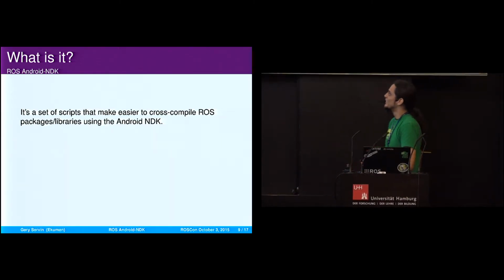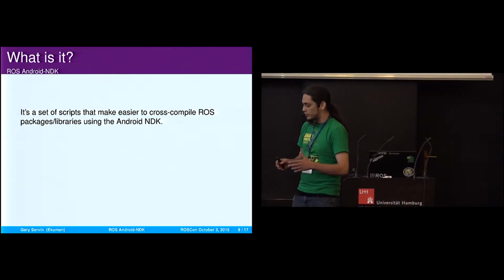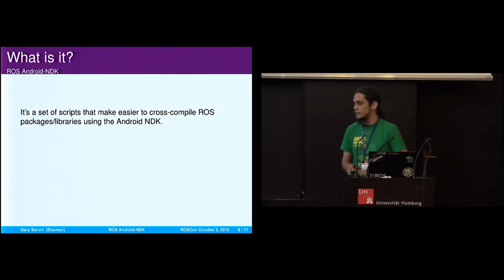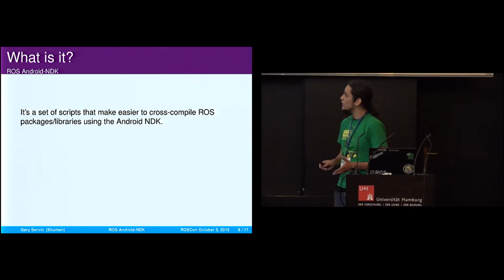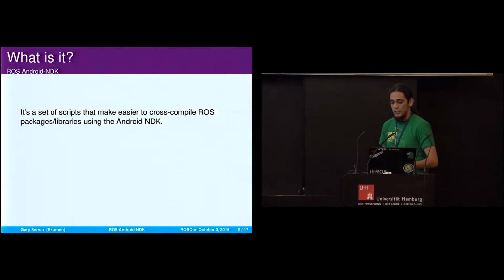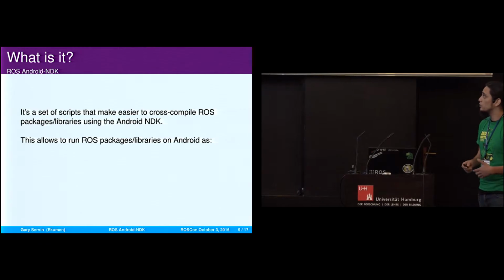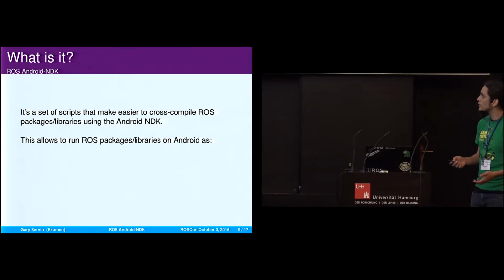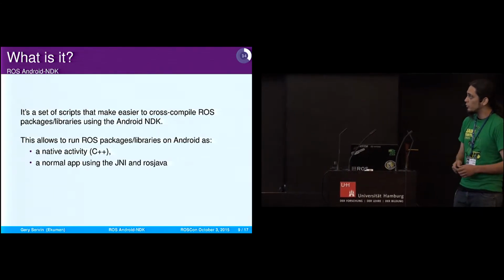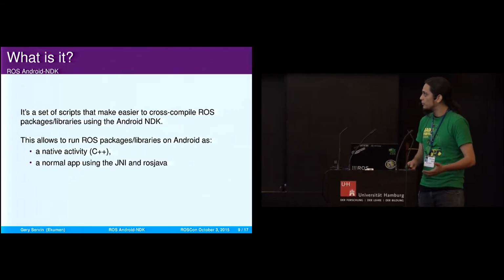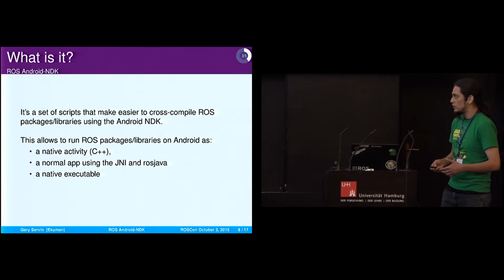Awesome, thank you. ROS Android NDK is basically a set of libraries and scripts that helps us build and cross-compile ROS1 packages and libraries using the Android NDK. This allows us to run ROS packages or libraries as native activities. We can use it in a normal Android app using the JNI and ROS Java, or as a native executable.